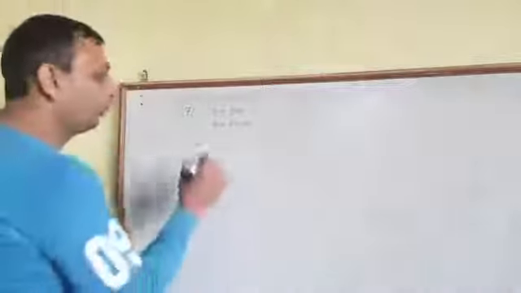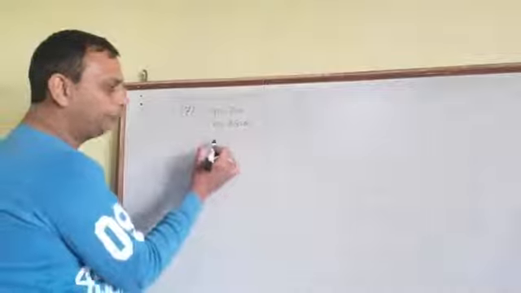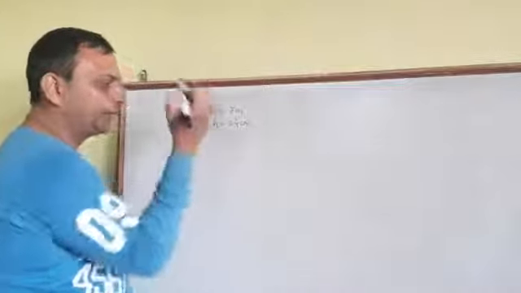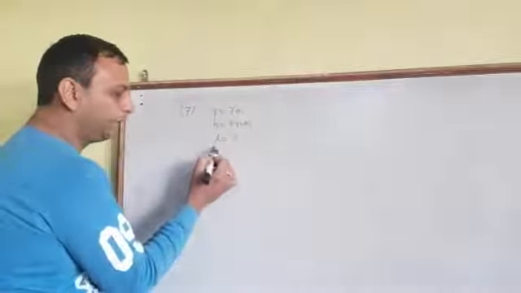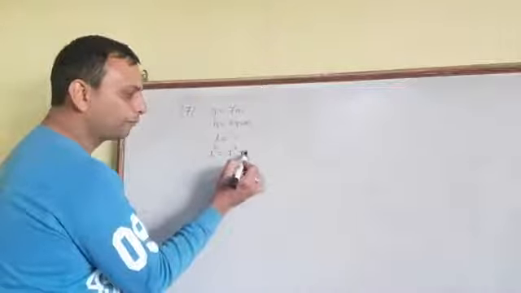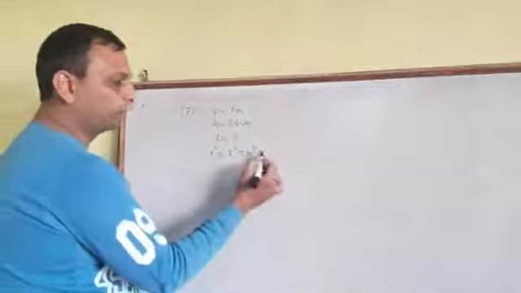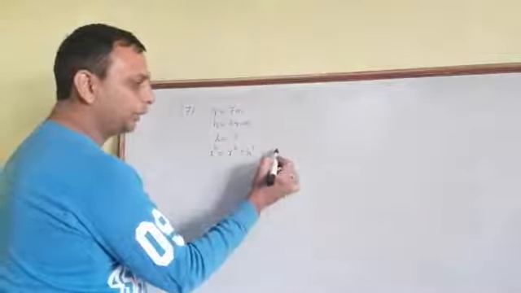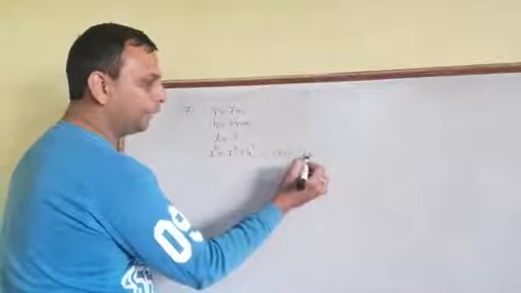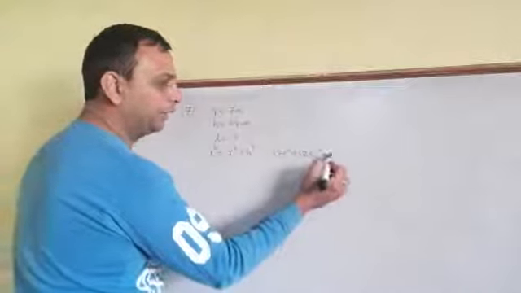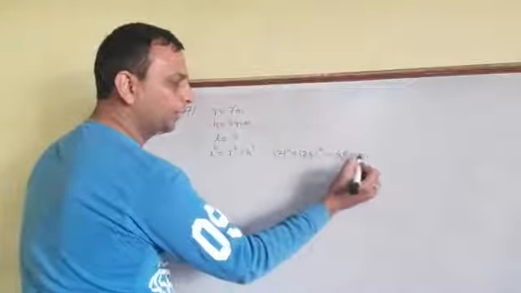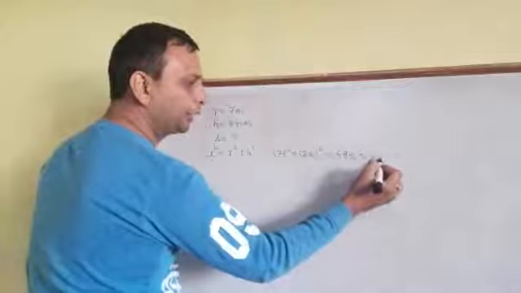It's a simple question. To find the area of 10 caps, we need the slant height. Slant height is not given. So the slant height formula is root of r square plus h square. 7 square plus 24 square. 7 square is 49 and 24 square is 576.